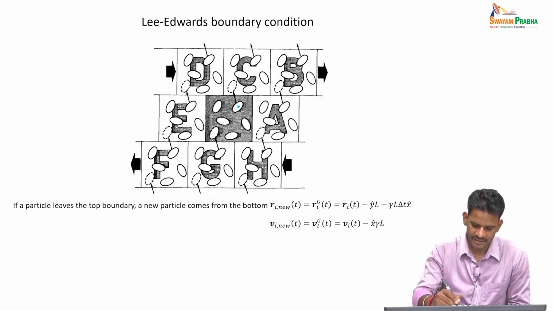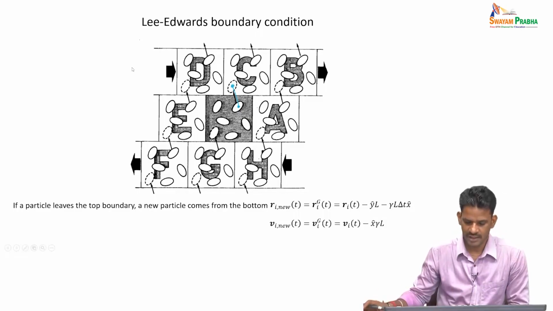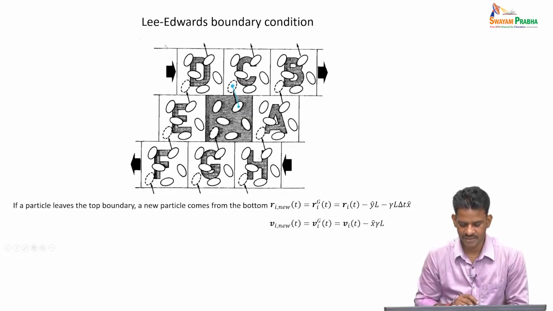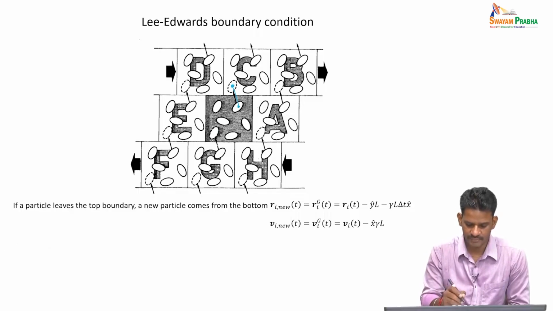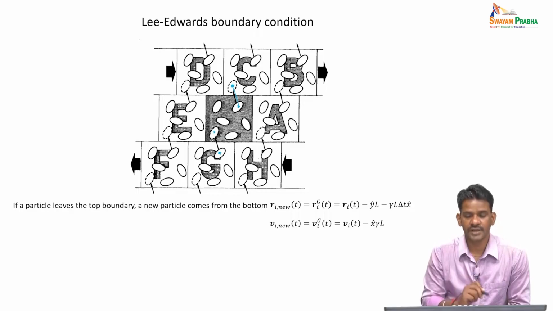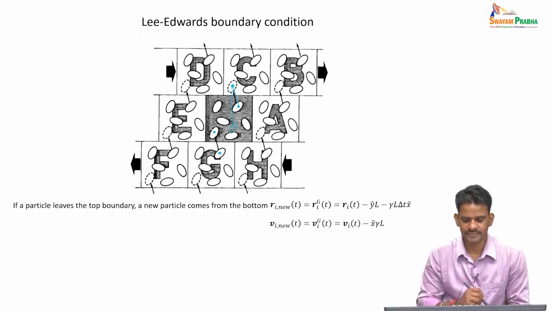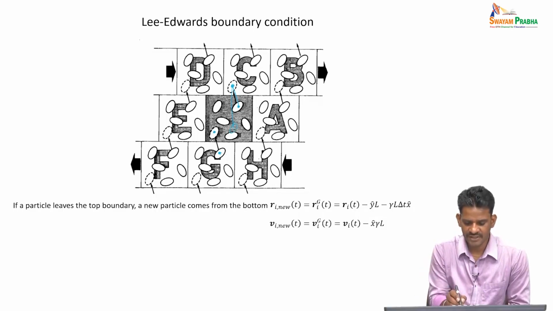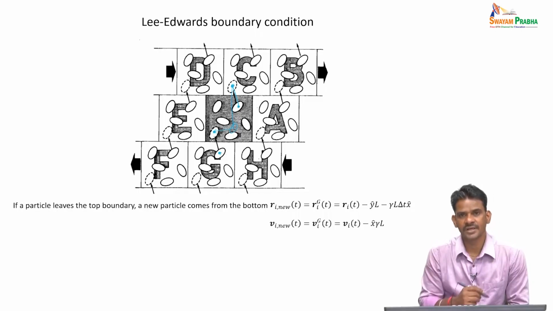If this is a particle, and suppose it leaves here, and then we want to put back its image, that would be coming from here to here, because by the time this particle goes here, its periodic image would have gone from here, and then we put this back right here. In the normal situation this particle would have come somewhere here after moving, but because these particles are also moving to the left, we have to adjust. So, that is what is shown here.